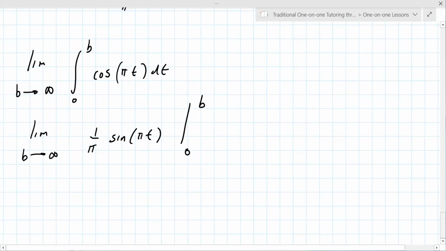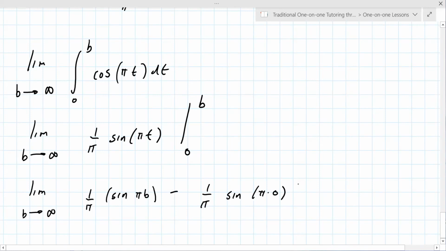Is that clear? The integral is down below. Now you have to throw in the bounds, but you have to keep writing this limit business: 1 over pi sine pi b minus 1 over pi sine pi times 0.